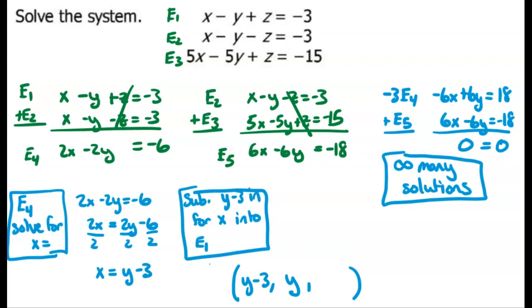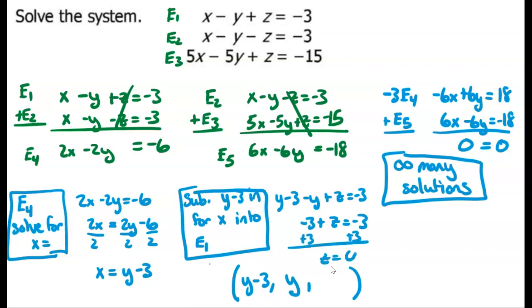So instead of x, I have y minus 3, and then minus y plus z equals negative 3. I literally took equation 1, and right here, I put y minus 3. Now go ahead and simplify that. So y minus y cancels out. So you have negative 3 plus z equals negative 3. Add the 3 over, and you get z equals 0.